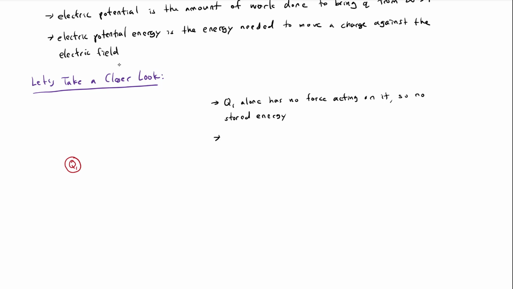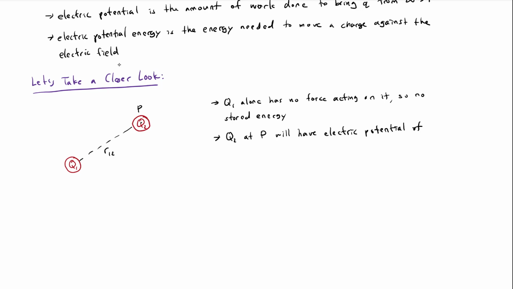So then what happens if we bring another charge, let's say Q2, within the vicinity of Q1? We're going to say that they are a distance r12 apart, and this is at a point P. So Q2 at P will have an electric potential of something that we've determined before.